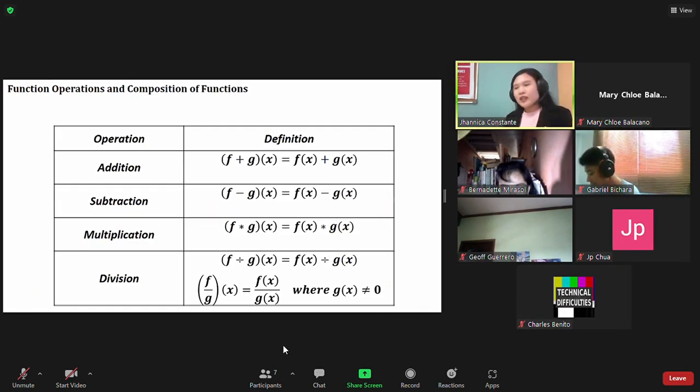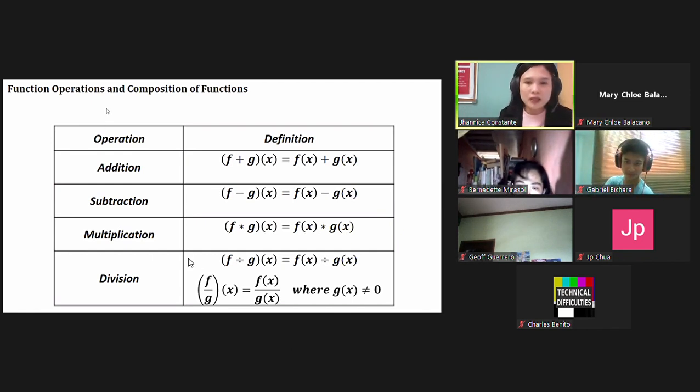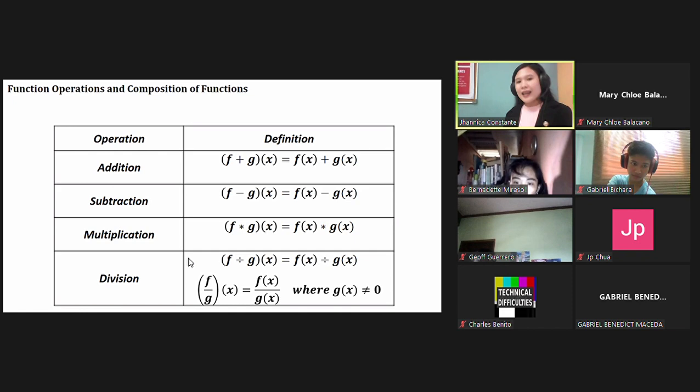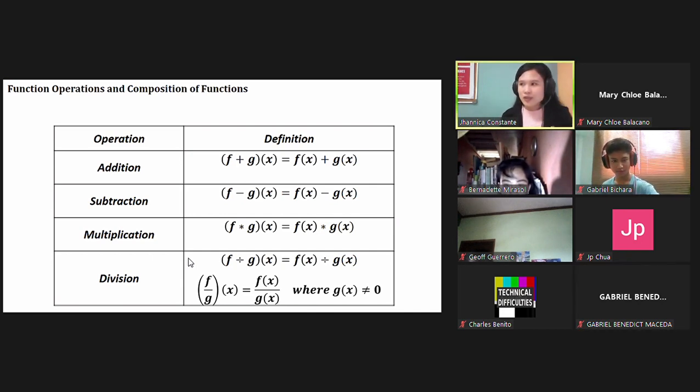So we have the four basic operations, which are addition, subtraction, multiplying, and dividing functions. For adding, you're going to add the two functions, which is f of x plus g of x. For subtracting, you're going to subtract the two functions, f of x and g of x.